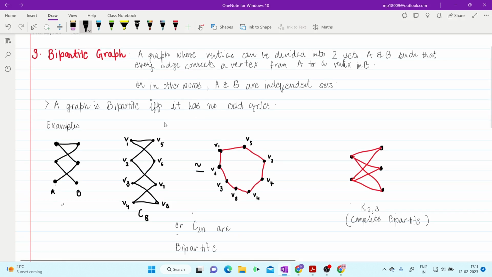Suppose we have a graph G. We have a notion of complete graph: a complete graph is one in which any two vertices are adjacent. For bipartite graphs we also have a notion of complete bipartite graph.